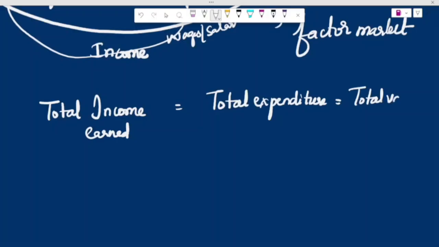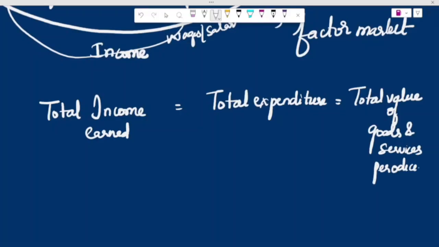Your company is giving you wages, that is income. You are using the same income to buy the goods and services produced by the company. Everything is equal here, so the economy will be in static equilibrium.